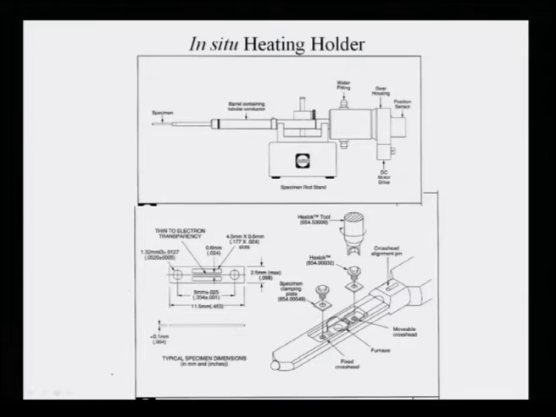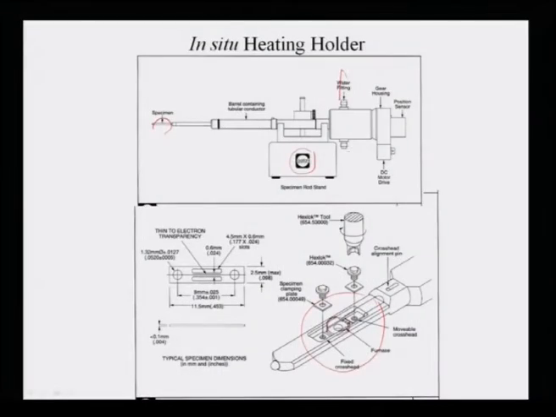So, here I am showing such a holder, which is provided by the company called Gatan Incorporated. This slide is courtesy of Gatan Incorporated, and you can see that this holder has a simple specimen loading setup here, which can be seen in the zoomed up view, where there is a furnace around the specimen holding position. The sample is inserted inside it and screwed down, and obviously one needs to use different kinds of spacers, so that the sample during heating will not get welded to the holder.